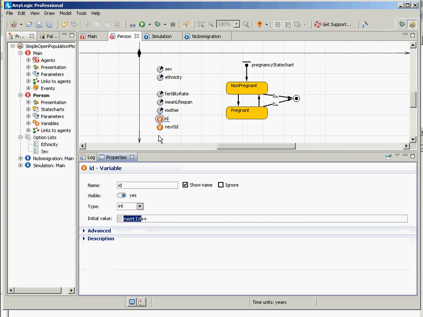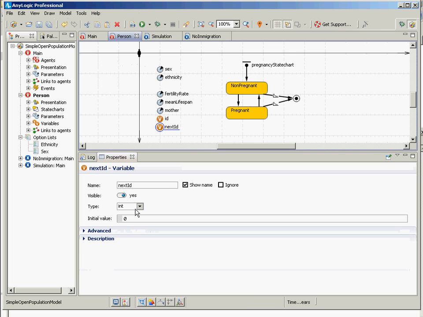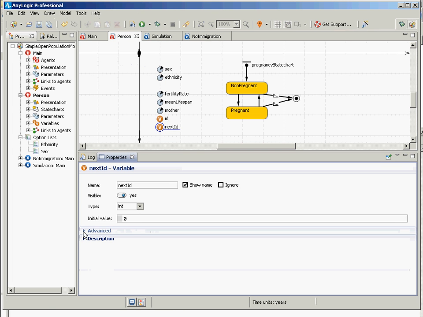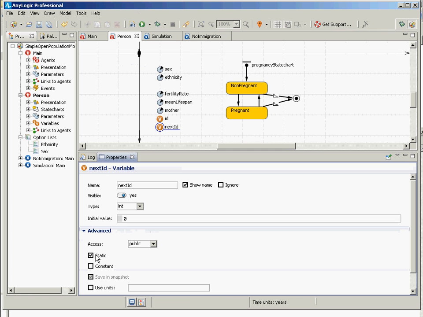Next ID is an int. It starts at 0. The most important point is there's only one of it across all people. So it's what's called a static variable. It's one shared one. It's like there's one counter you go to to apply for your ID, and they'll give you the next ID available. And this keeps track of what the next ID to give out is.